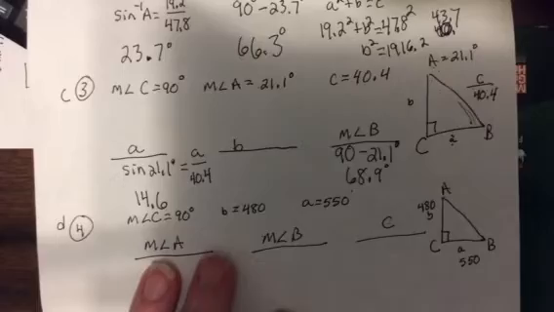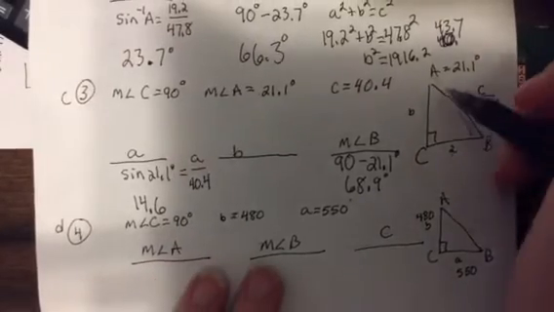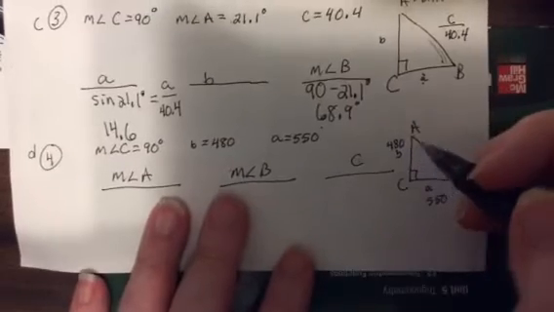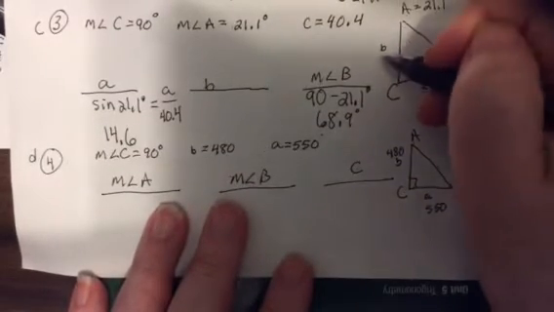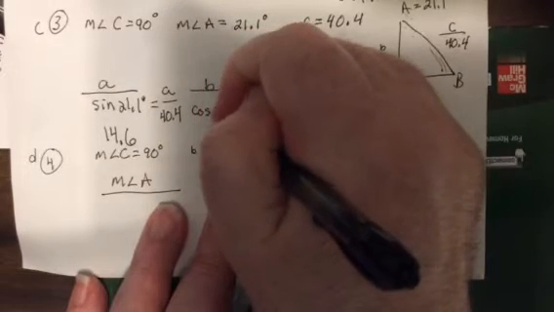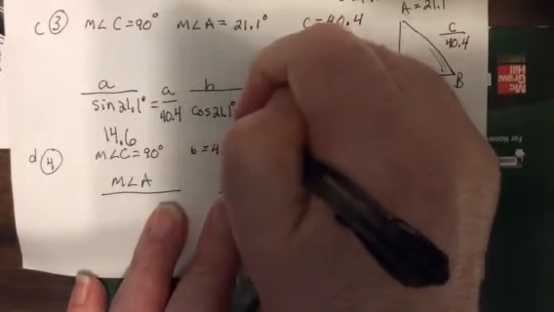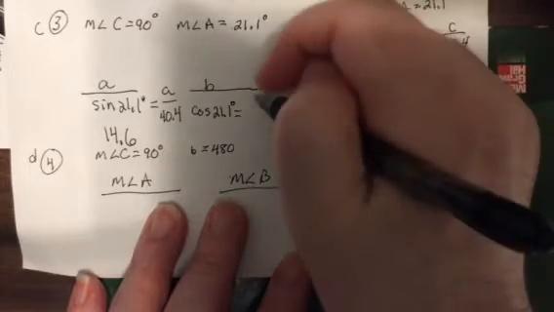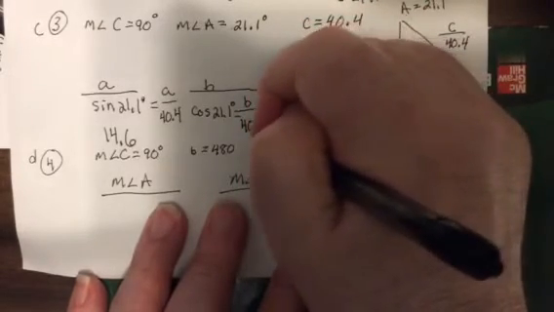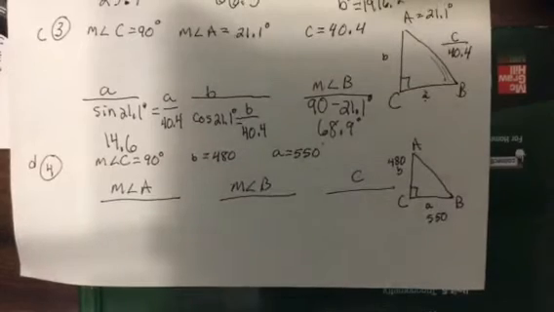Now again, we could do, let's do cosine. You could do Pythagoras, that's fine. I'm going to do cosine because that's adjacent over hypotenuse. So I'd have cosine of 21.1 equals b over 40.4. I'm going to cross multiply.